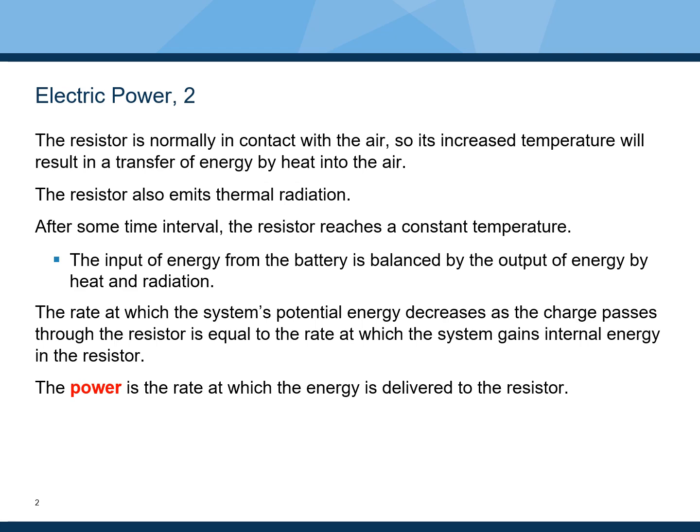For example, a typical resistor will get hot, and you will be able to experience that heat, and eventually there'll be an equilibrium between the amount of heat that is being radiated into the atmosphere by the resistor and the amount of power that is being delivered to the resistor by the circuit.